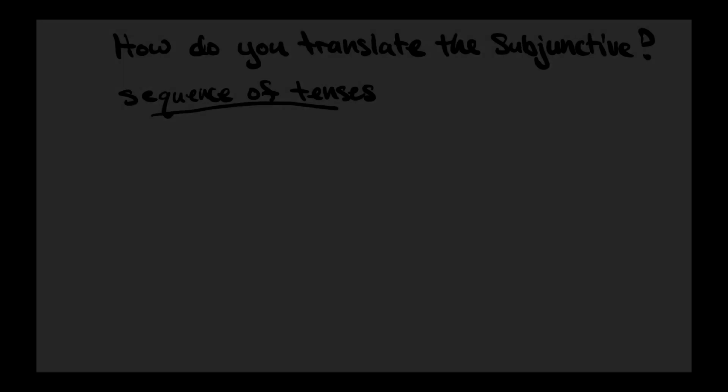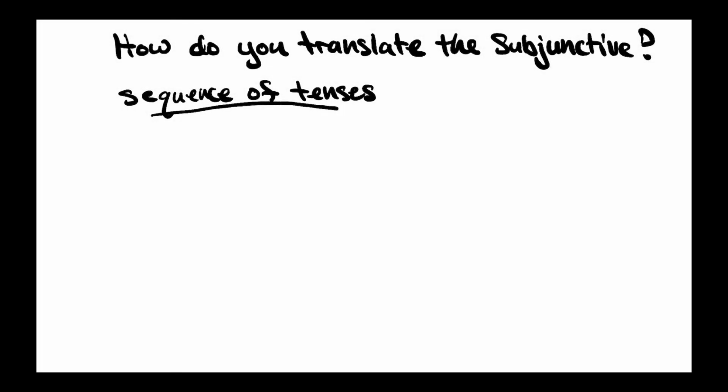How does the main clause relate to the subjunctive clause? Because remember that subjunctive clause is usually a dependent clause or a subordinate clause. It is based on something else. It's contingent on something else. That's what it means to be subjunctive in the first place, as we already talked about.